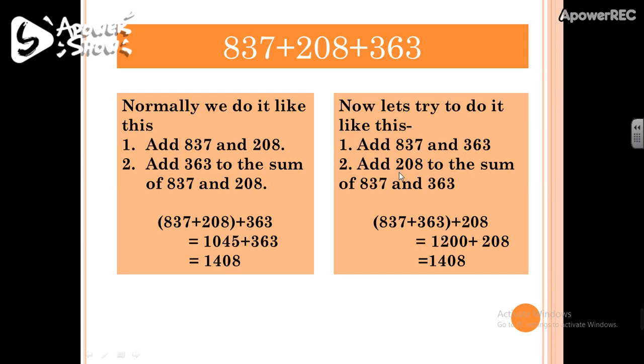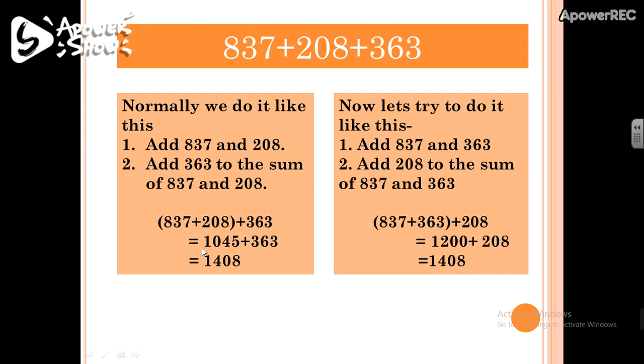After finding the sum, I am going to add 208 to this sum. So 1200 plus 208 equals 1408.